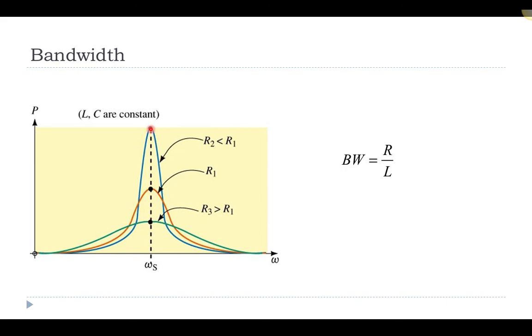So you're going to get the largest power when you have the largest resistance. So here's the larger resistance of the 3, right, up top here. A lot of power, narrow bandwidth, versus a smaller resistance, smaller power, broader bandwidth.